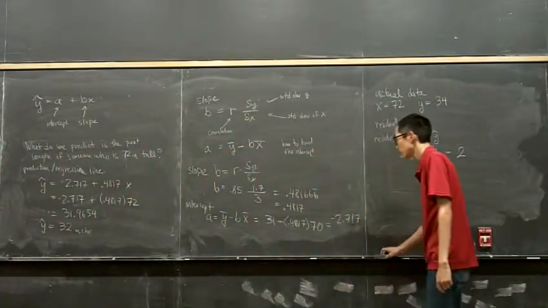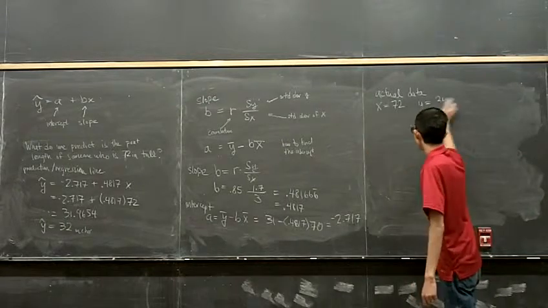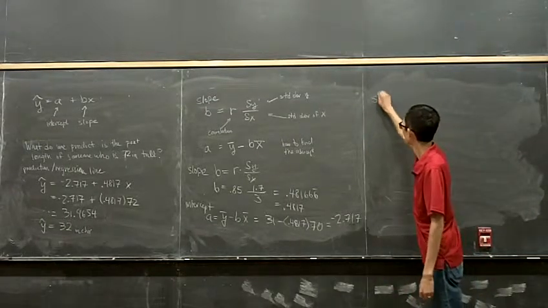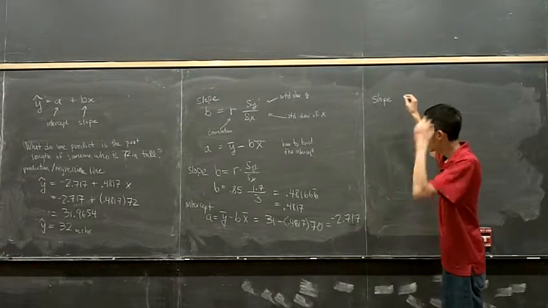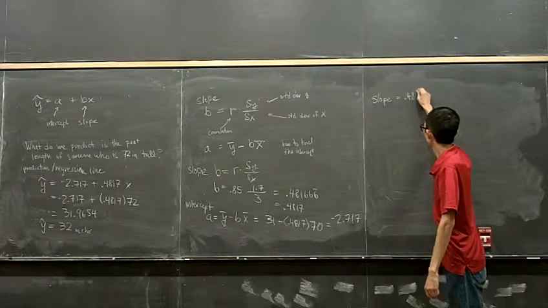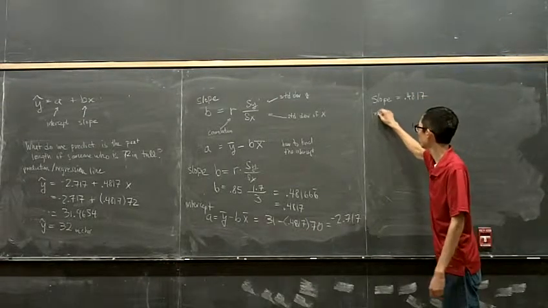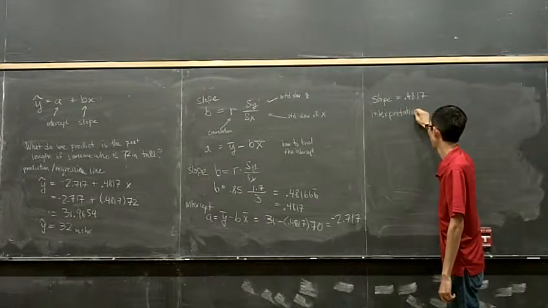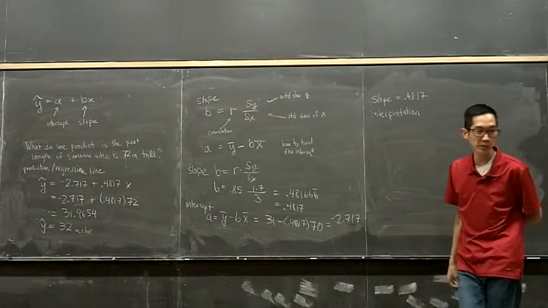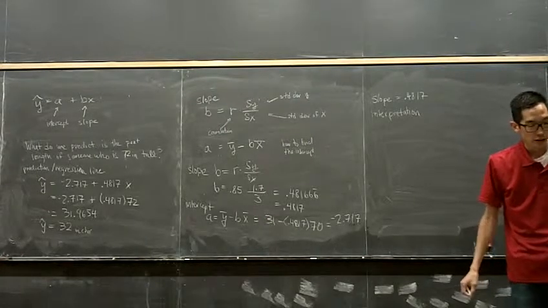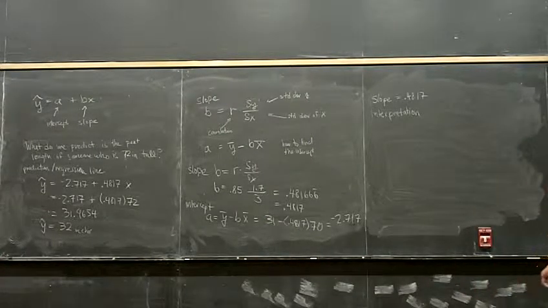Alright, what was my slope here? 0.4817. Okay, so the slope is 0.4817. What is the interpretation of the slope? What does it mean that my slope is 0.4817? Slightly positive. Okay, well, does this tell us anything about the strength of the relationship?